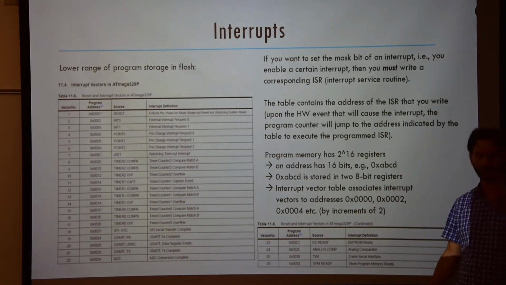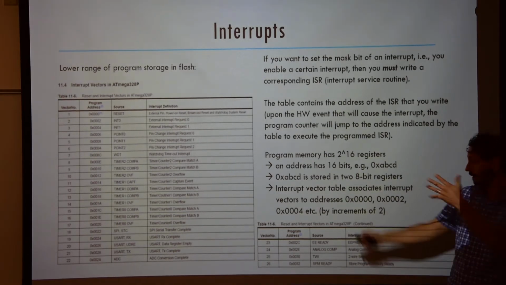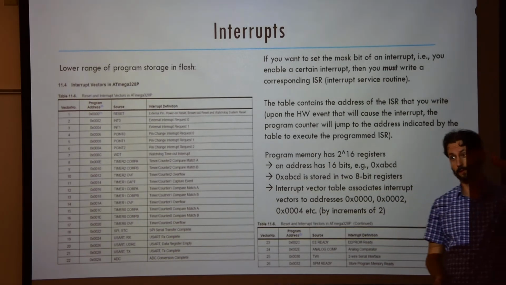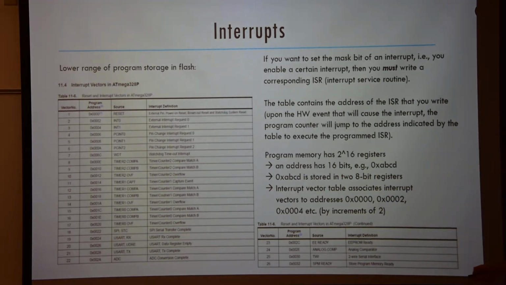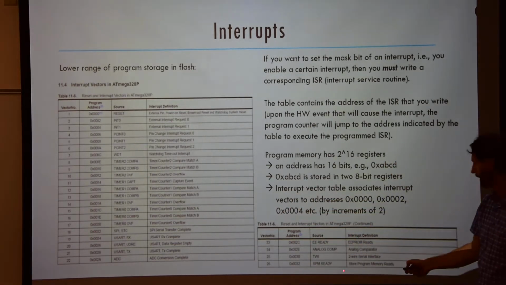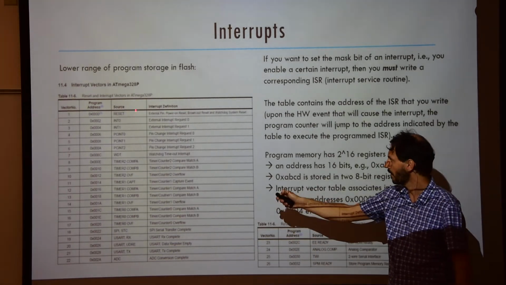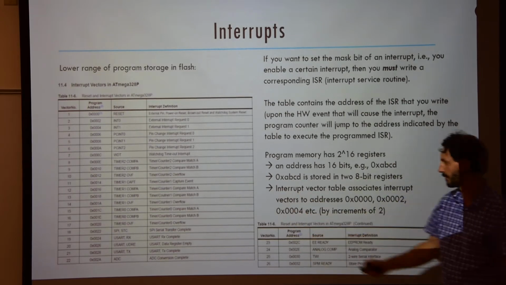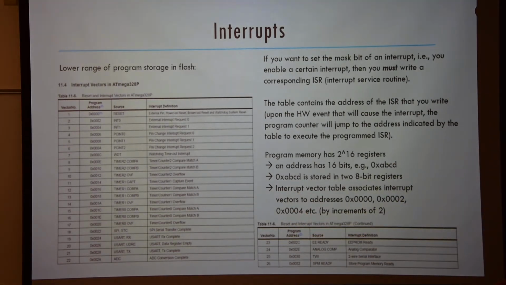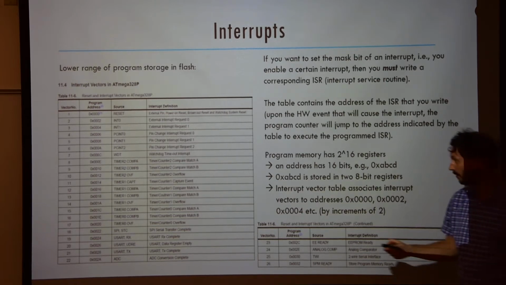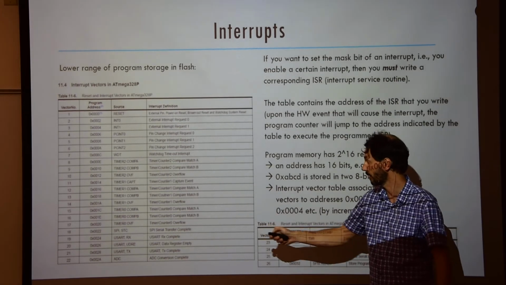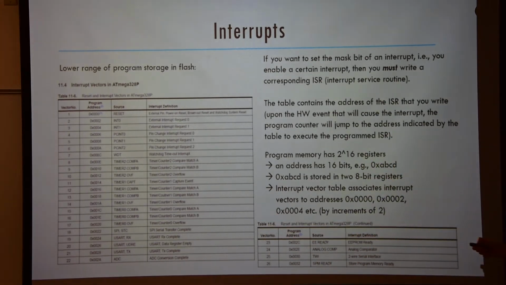It will jump to ABCD in the memory, and that's where it will find the code for your interrupt service routine. That's essentially what's going on, but it's interesting to see this whole table and all the different kinds of interrupts that can potentially happen. So that's how a program knows where to jump to when an interrupt occurs.